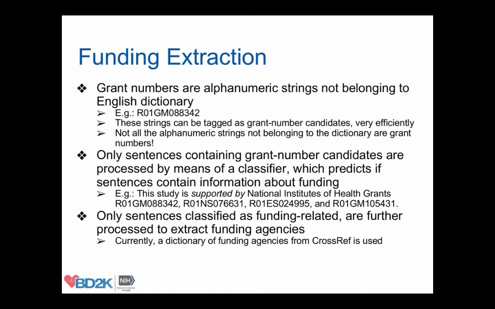And then we search for text describing funding, like "is supported by," for example, and also search for the presence of funding agencies within those sentences to determine if they describe funding. And we built our dictionary of funding agencies from CrossRef.